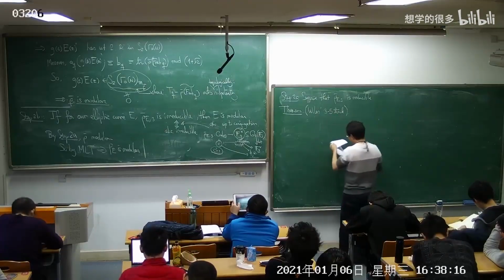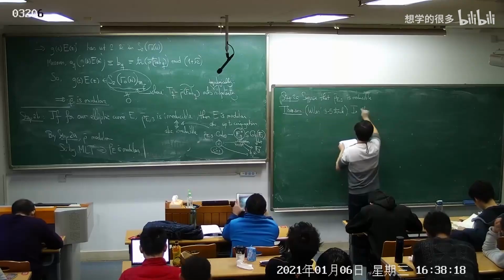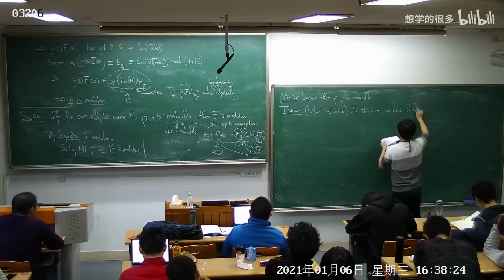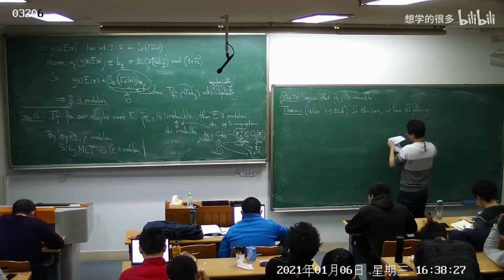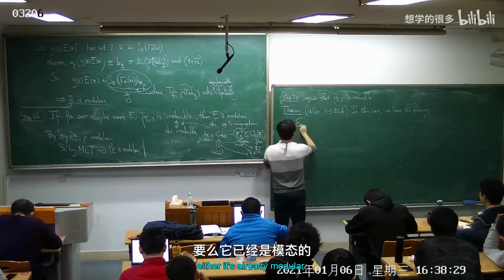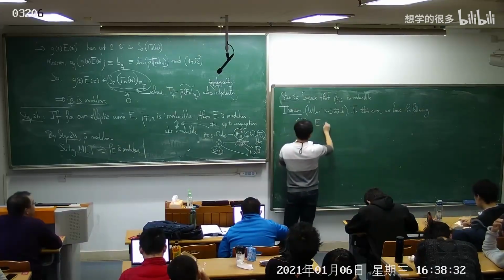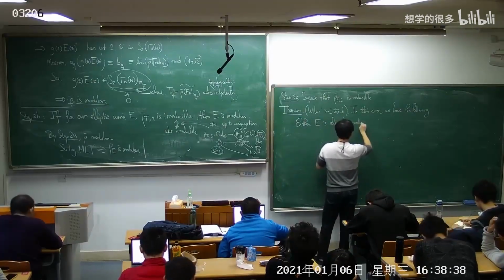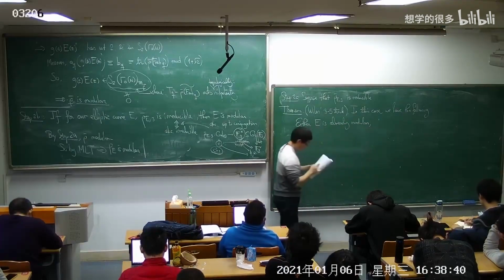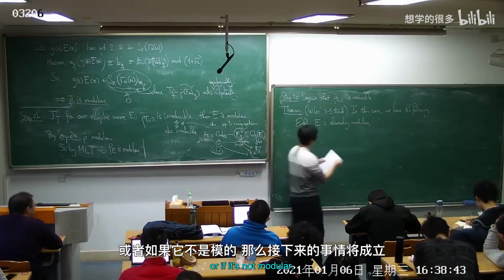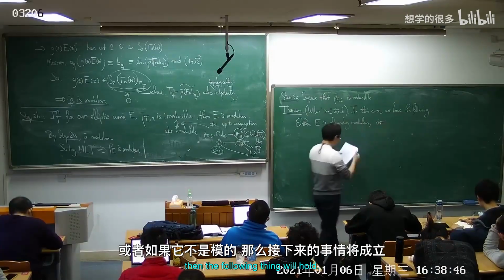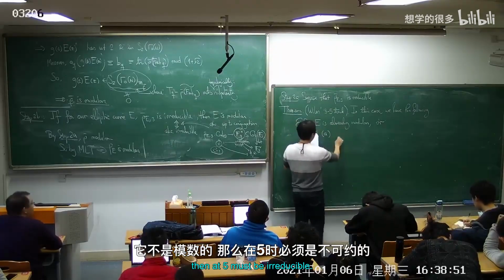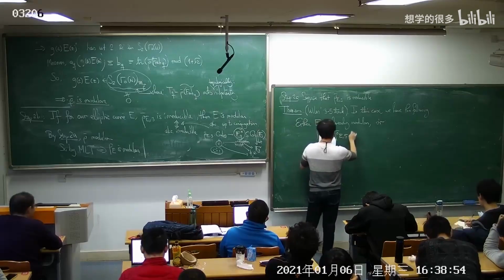In this case, we have the following: either E is already modular, which of course I know how to prove, or, if it's not modular, then the following will hold. If it's not modular, then rho bar E5 must be irreducible.